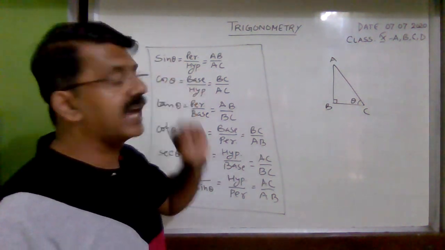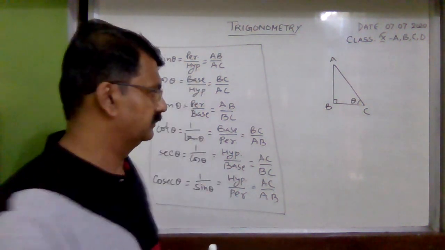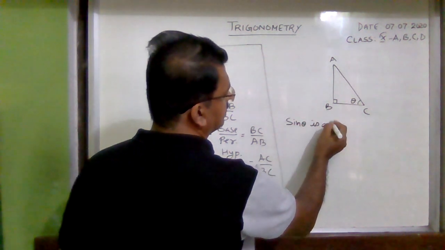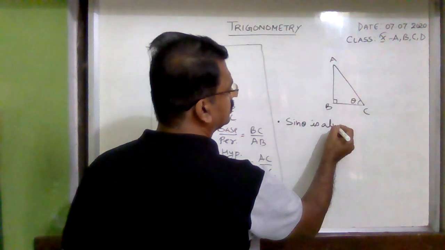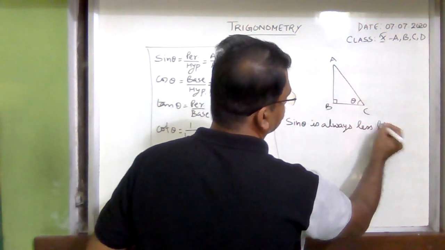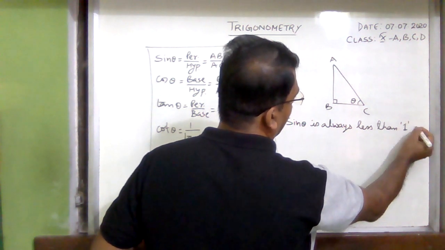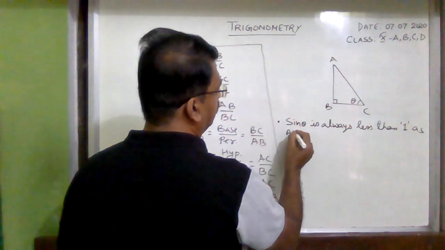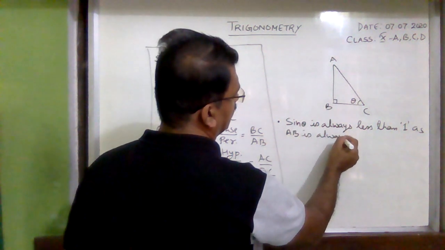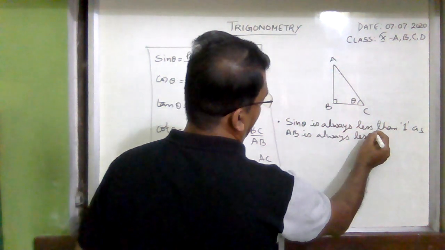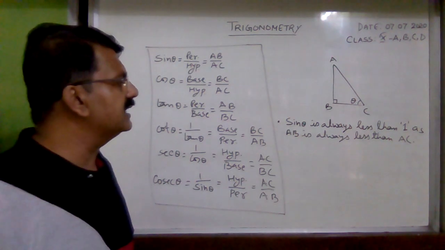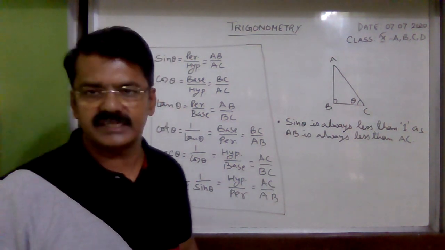So sine theta is always less than 1, as AB is always less than AC.